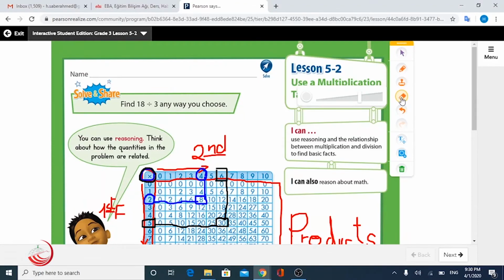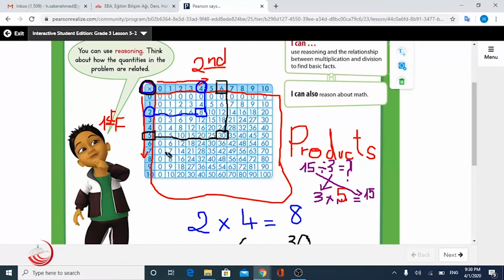Now the eraser is here. Okay, I will erase this. Let's clean all of this area.